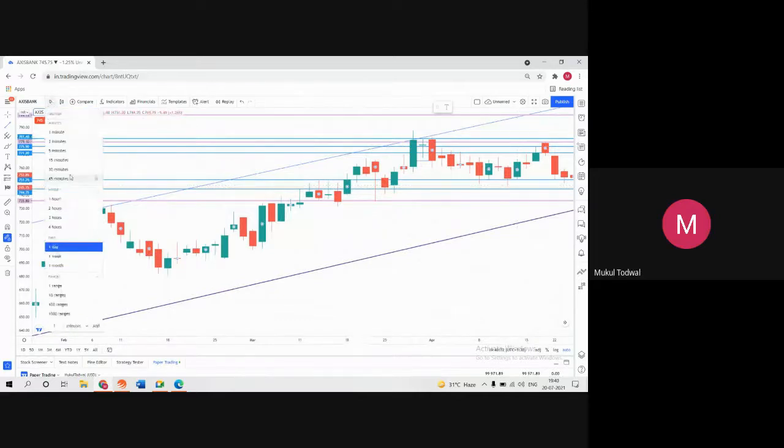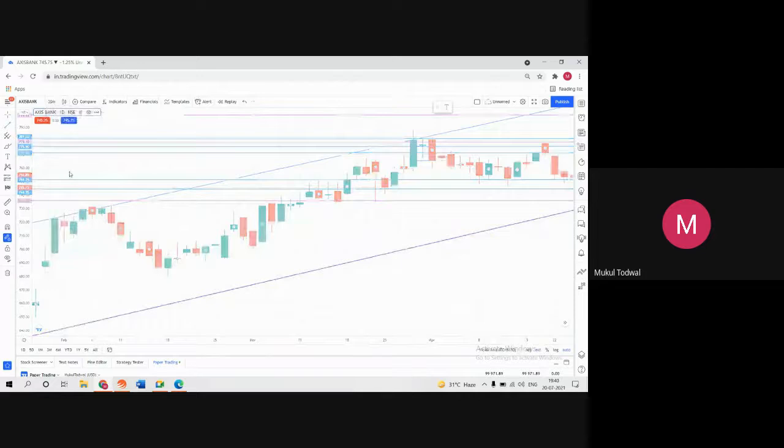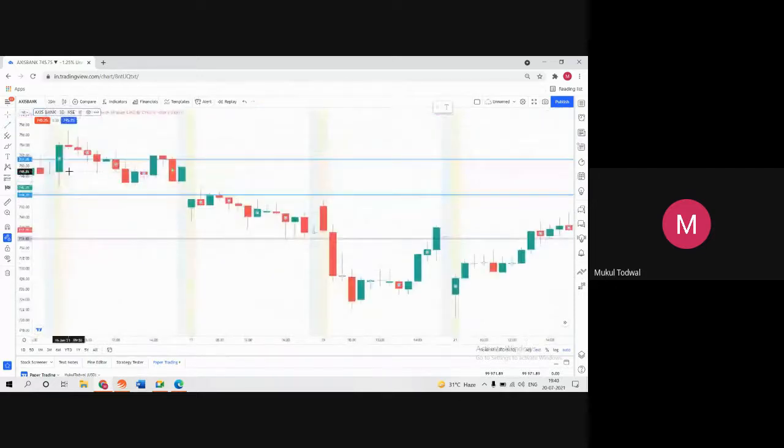Now we'll move on to another candlestick pattern, which is known as a hanging man. It is similar to a hammer. What was the characteristic of a hammer? There should be a downward trend followed by a green candle. This is not an example of a hammer, just telling you people.